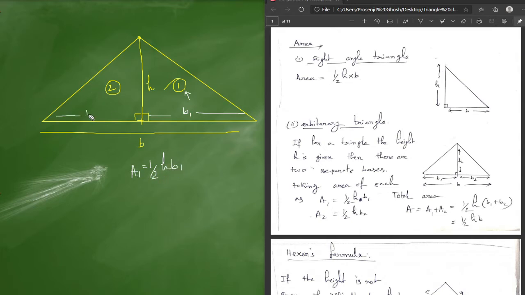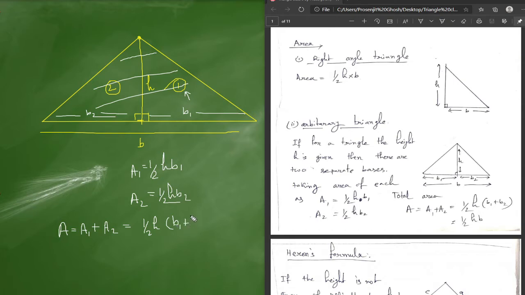Similarly, if I take this one as B2, then this area A2 is equal to half of H into B2. Simple as that. But what is the area of the total? Right now, all we have to do is add those together, A1 plus A2. If you put all these values together, we get half H common with B1 plus B2.